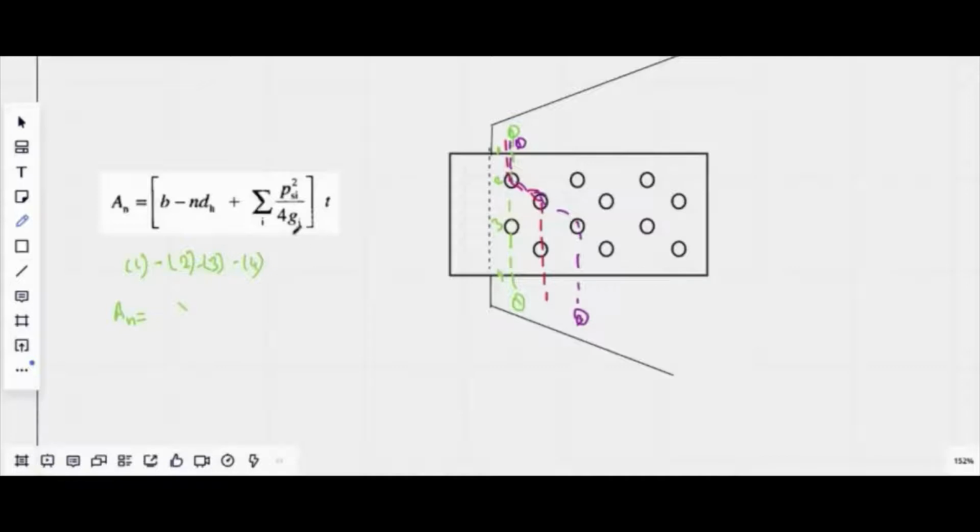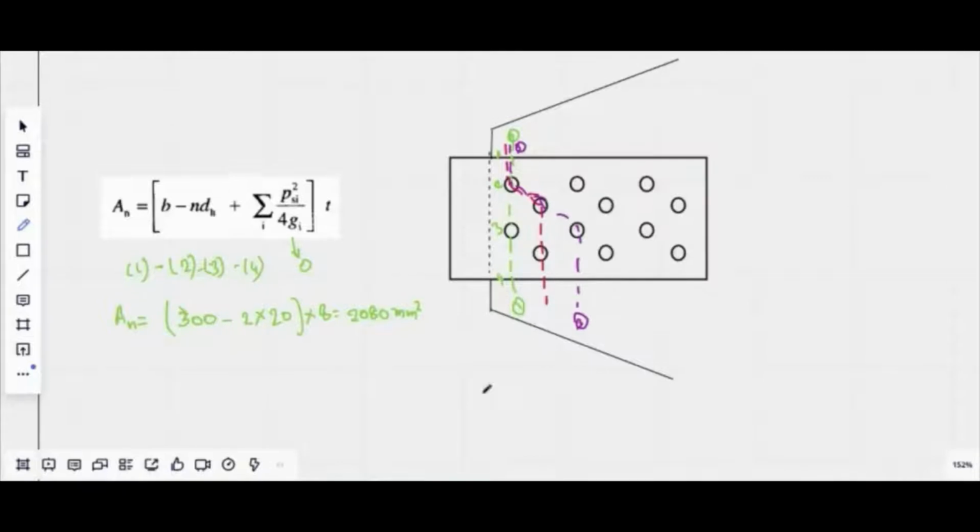So in this case also this value will turn out to be 0. Now if I substitute the values, 300 is the width of the flat, minus two number of bolts, diameter of bolt hole which is 20, into thickness of the plate which is 8. This value can be written as 2080 mm square. This is the case of section 1 where the failure is occurring through 1, 2, 3, 4.